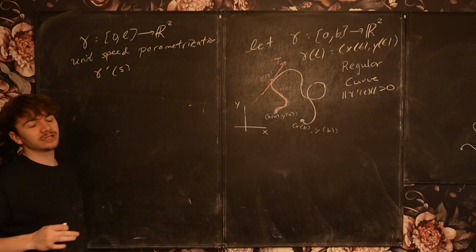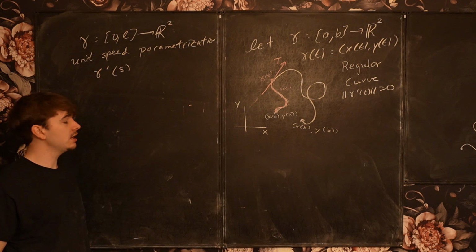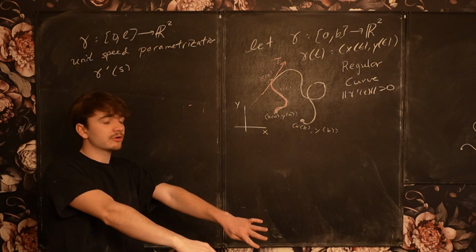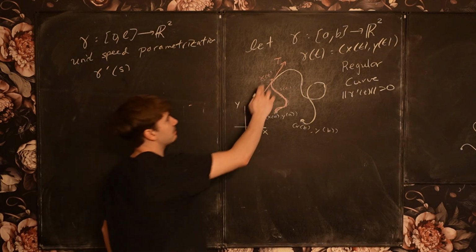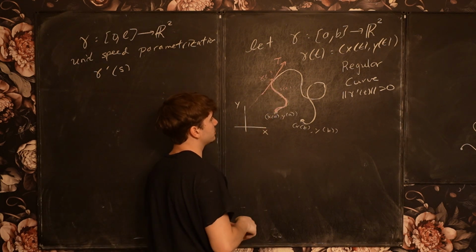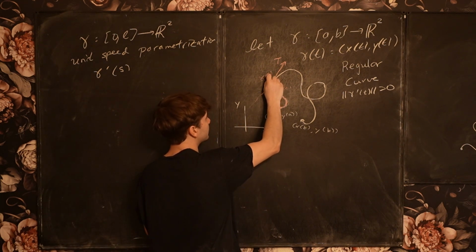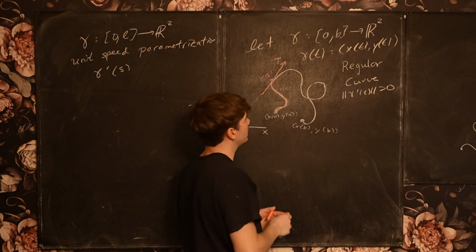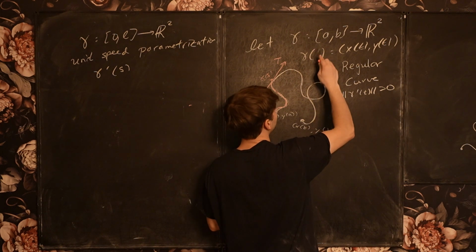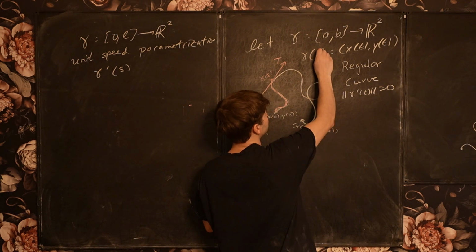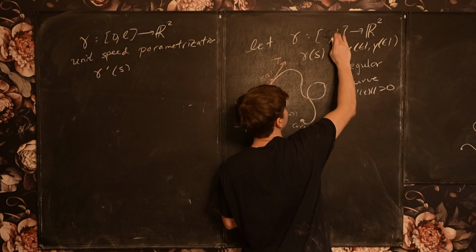Now that I've established this reparameterization, I'm going to go ahead and implement it, so now everything is in terms of s. In my picture here, all my parameters are now in terms of s, gamma of s. And I'm going to ignore t for the time being, and assume that I've already done the reparameterization completely.